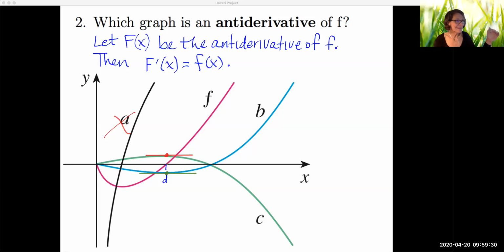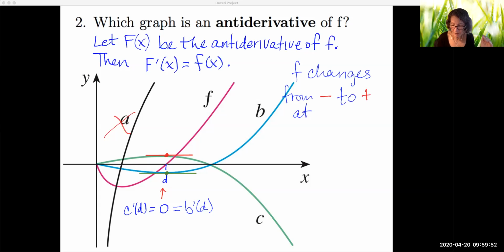So why is C not the answer? We can see that the slopes of the tangent lines are changing at that point D. Both of them have 0 derivative there, but little f, the red graph, as Jeff noted, crosses the x-axis and goes from negative to positive there.